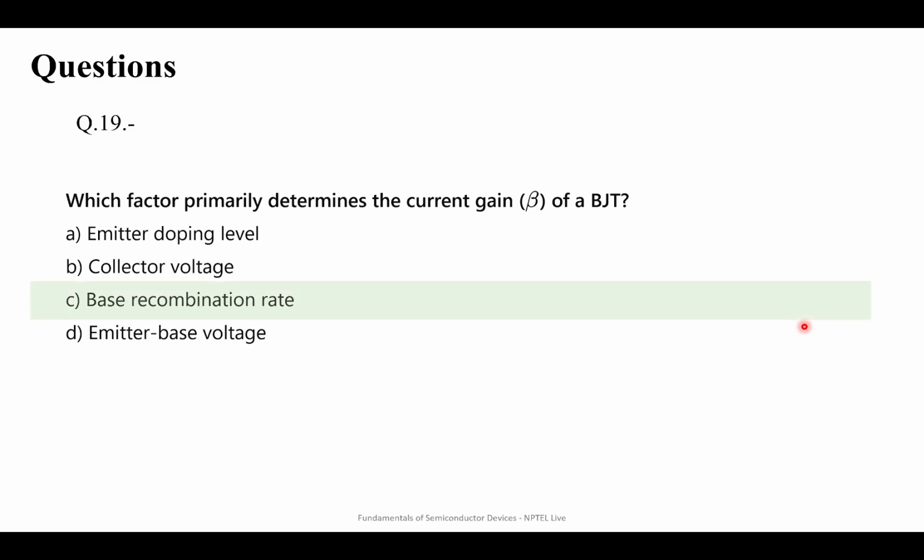The correct answer for this is base recombination rate. So your current gain is collector current divided by your base current. So if your base recombination rate is higher, your base current will be higher, and that means the electrons that it is taking from the emitter it is not giving back to the collector. So your collector current will also be less. So overall, your current gain will reduce if your base recombination rate is higher.